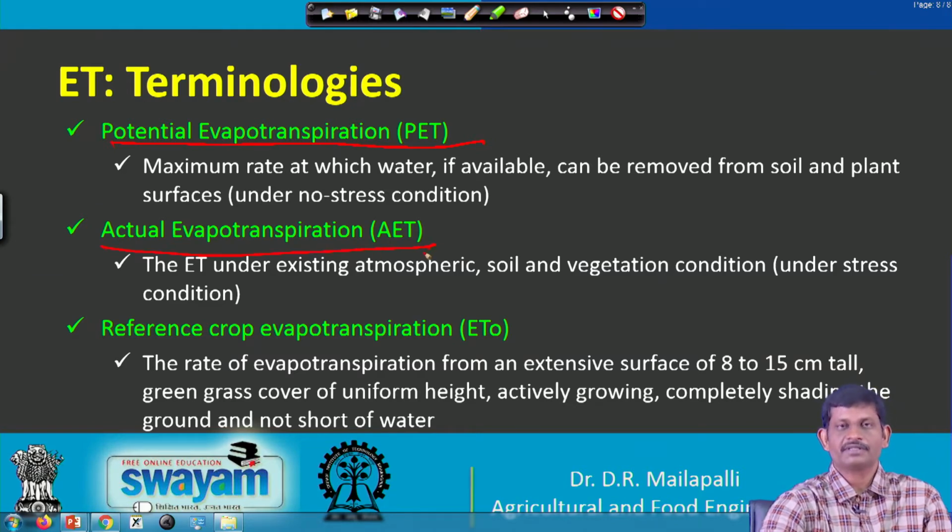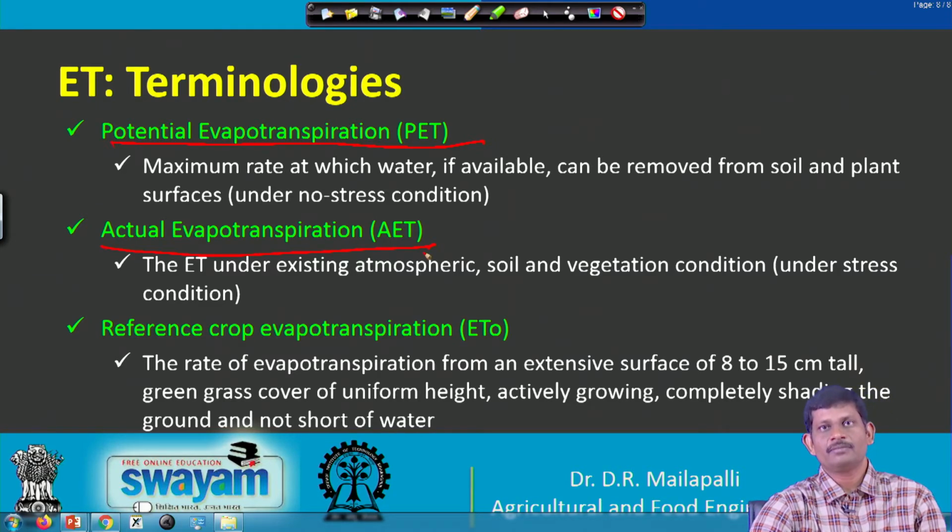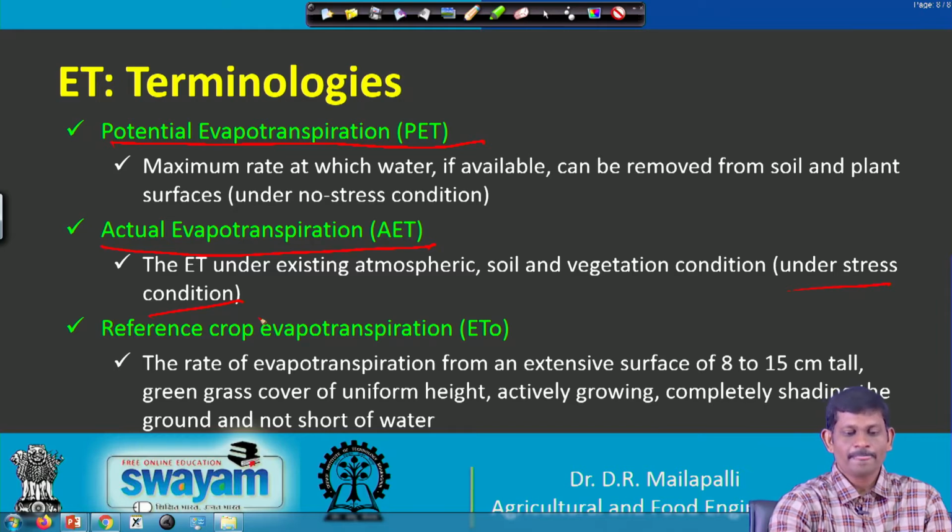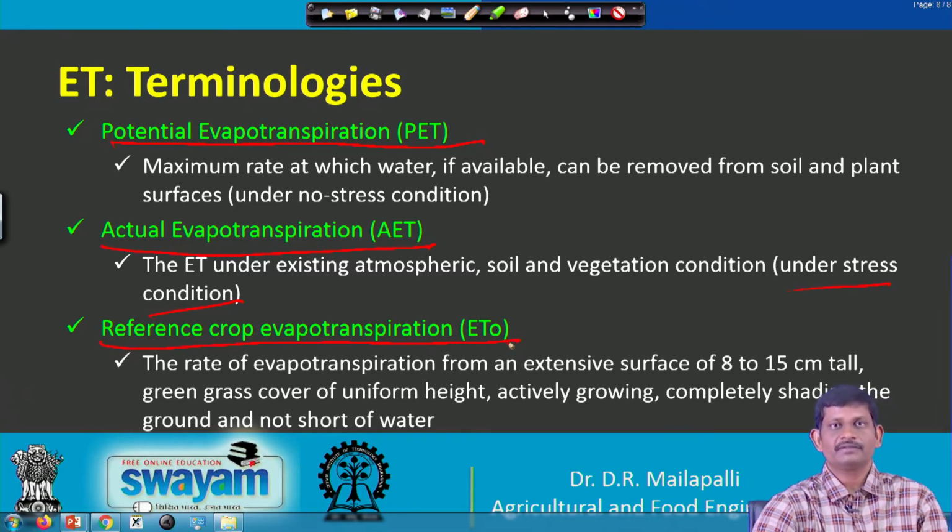Whereas actual evapotranspiration is the evapotranspiration from a crop area, but the crop may be under stress condition. Then reference crop evapotranspiration is the rate of evapotranspiration from an extensive surface of 8 to 15 centimeter tall, mostly green grass, uniformly grown over an area, completely shading the ground, and not short of water.